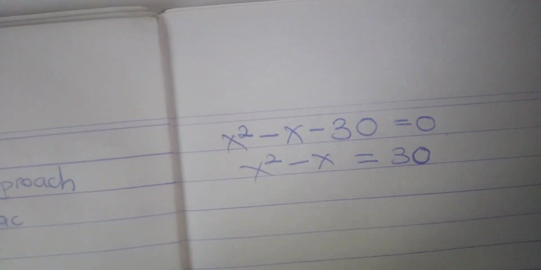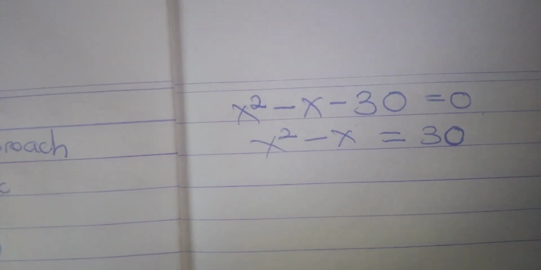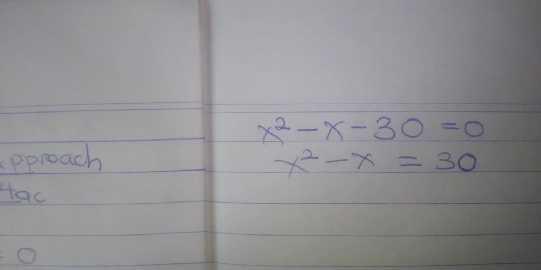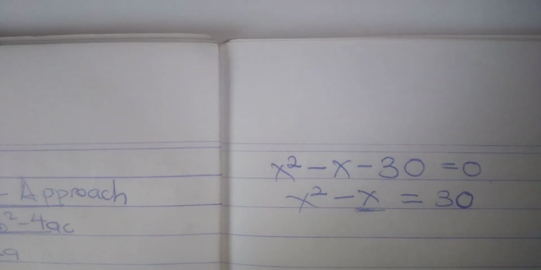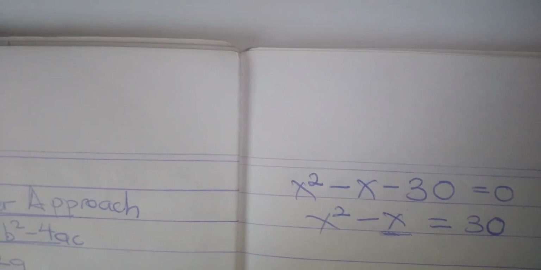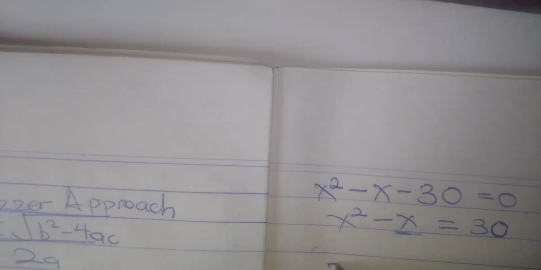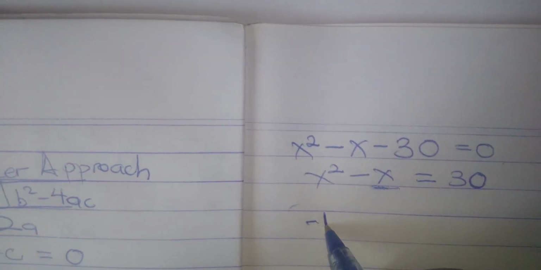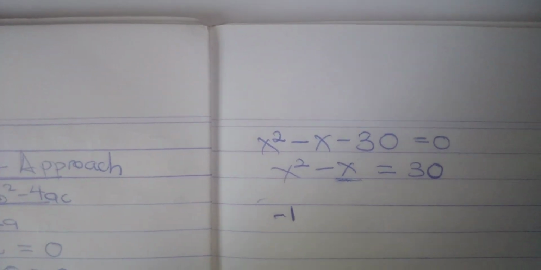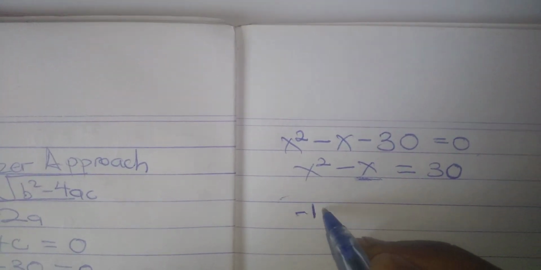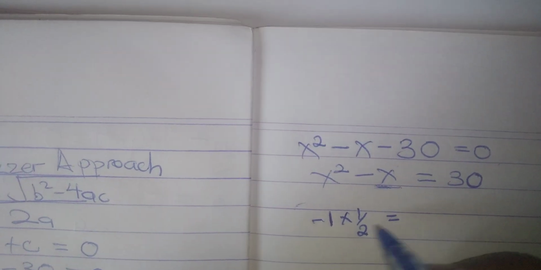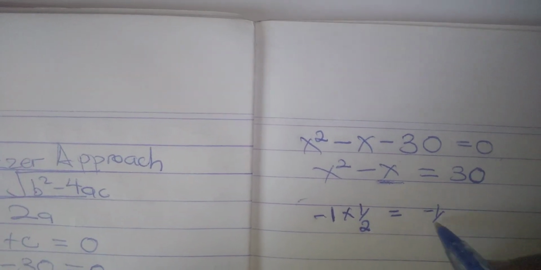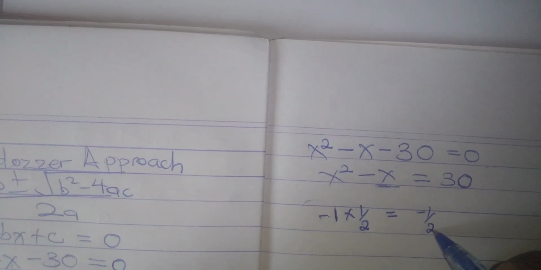So from there, we said we look at the position of the sum, the coefficient. What is the coefficient of that? The coefficient will be negative 1. And what do we do to the coefficient? We multiply it by a half. Then the answer we get is negative a half.